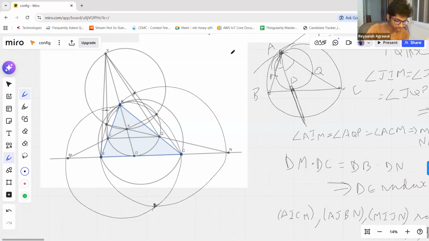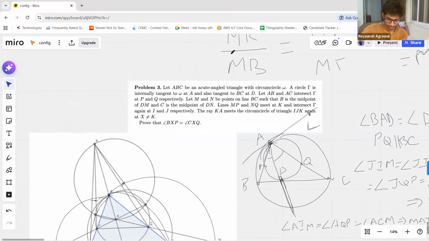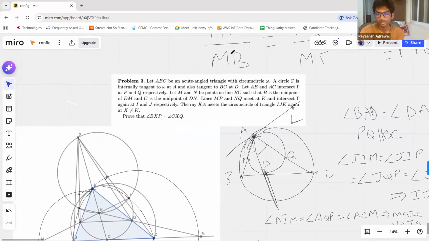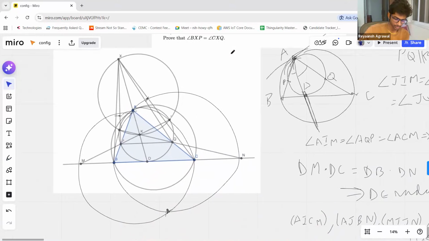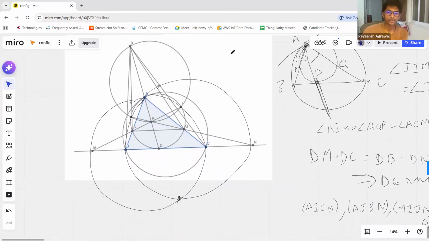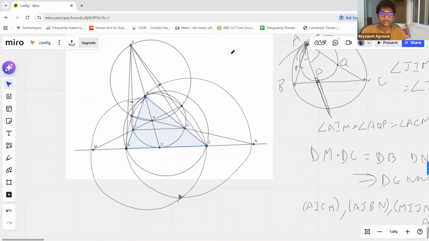I'll show the question. Maybe you can take a screenshot. Okay. So how can we handle X? Can you look for some cyclic quadrilaterals?